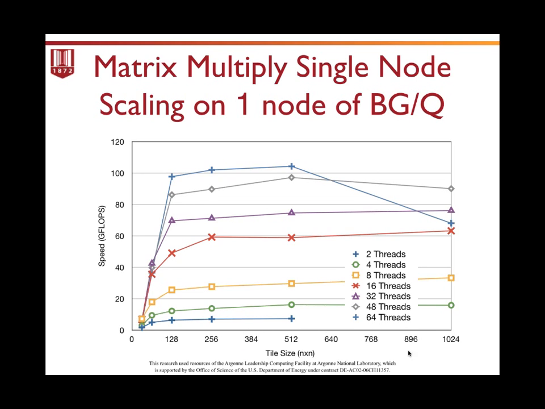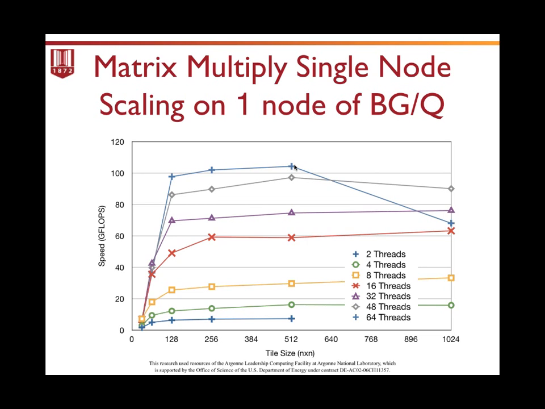So the bottom axis is going from very small tiles, I think this was 16 by 16 or maybe 32 by 32 tiles, and scaling up to tiles that are 1,000 by 1,000 elements. And on the y-axis, we're going up from 2 threads all the way up to 64 threads, which is the maximum number of threads we can have on Blue Gene Q.